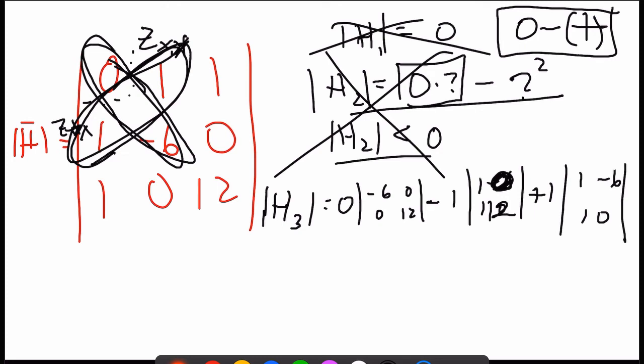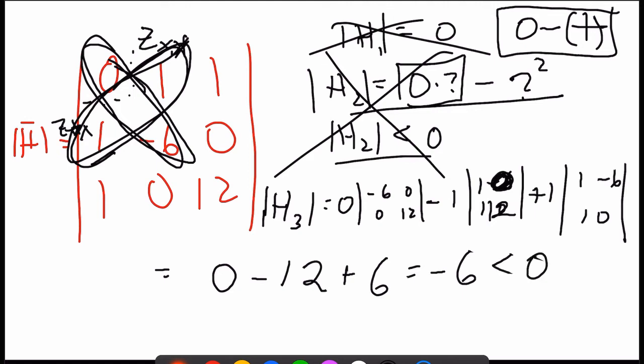So that's 0 minus 12, plus 6, which is minus 6. It's less than 0. If it's negative, this is a minimum.